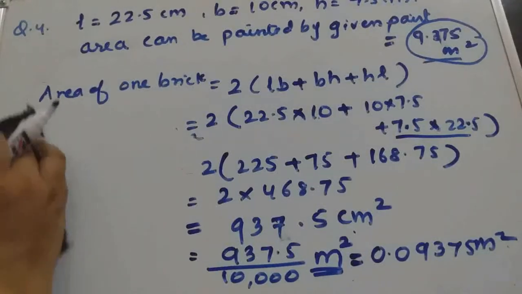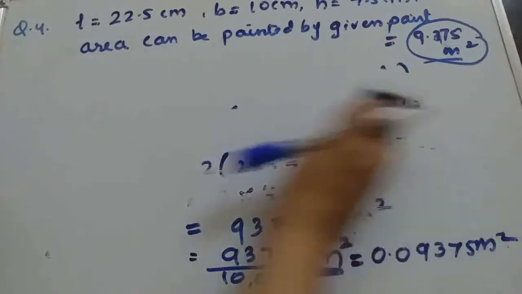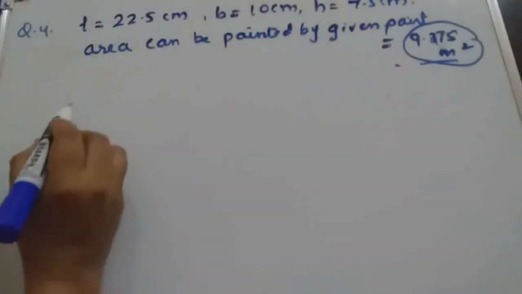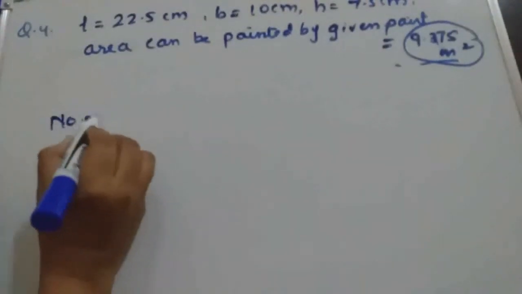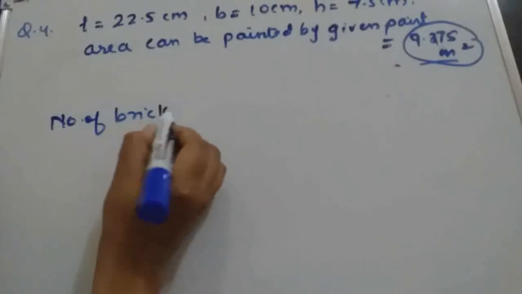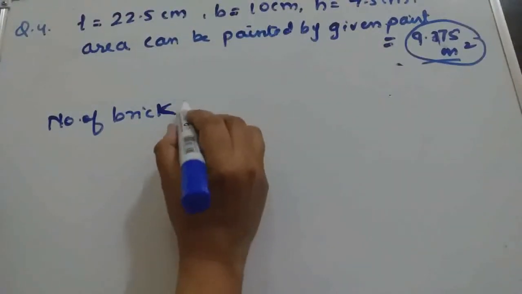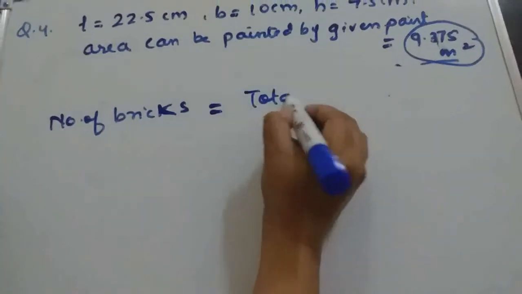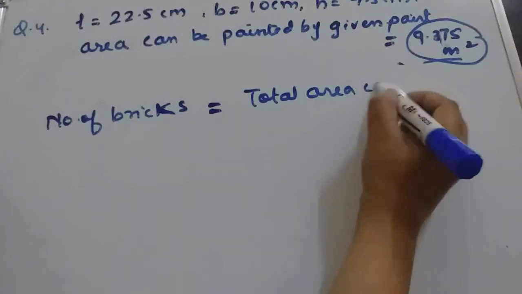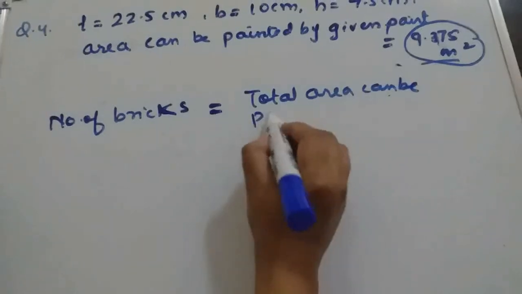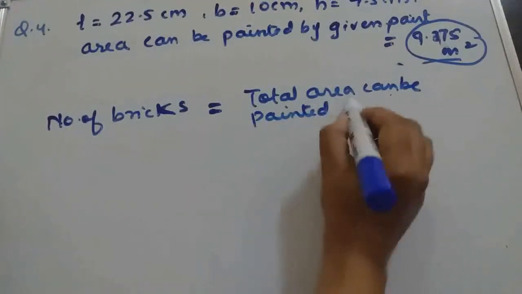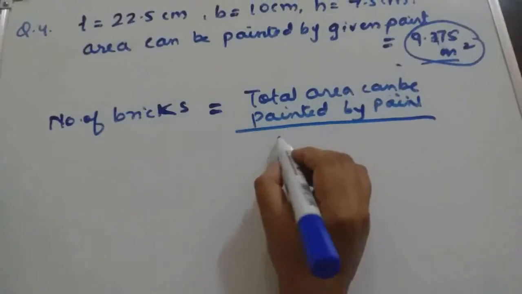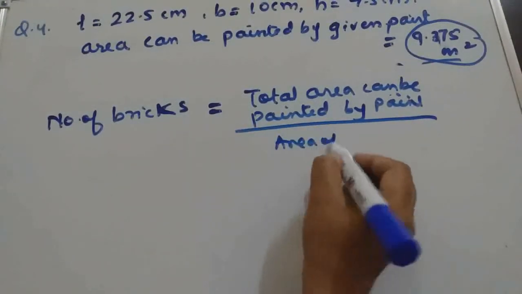Now, the number of bricks can be obtained by the total area that can be painted by the paint, divided by the area of one brick.